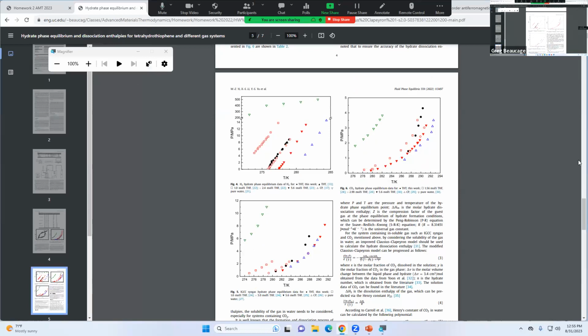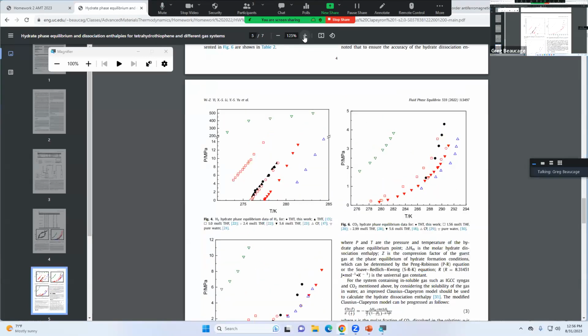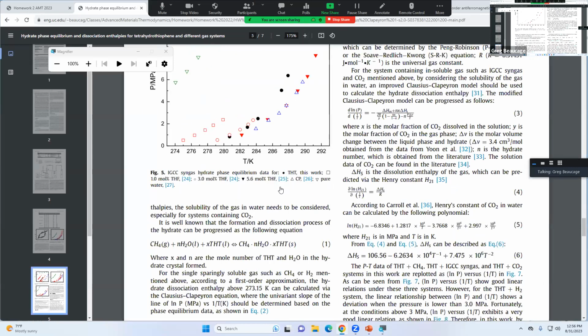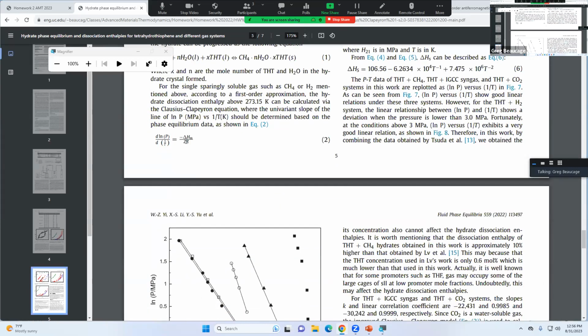All right, so we just got this equation, which is like the Clausius-Clapeyron equation that we had, equation 2, except it has this Z in it. All right, so we did this.